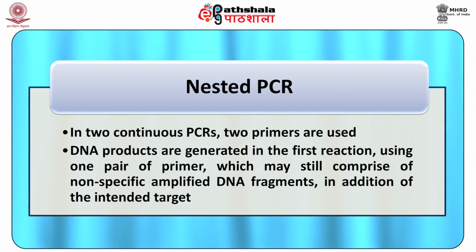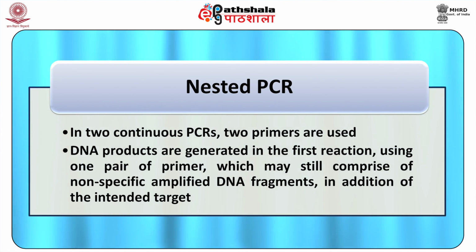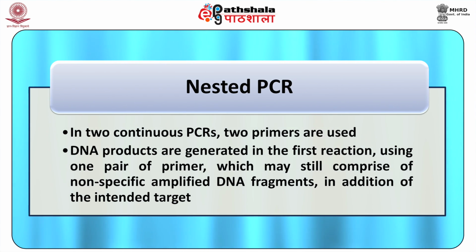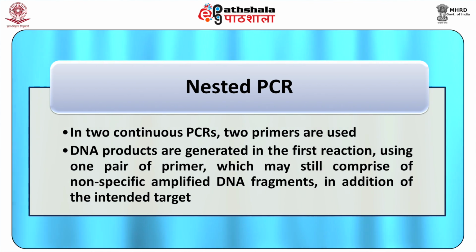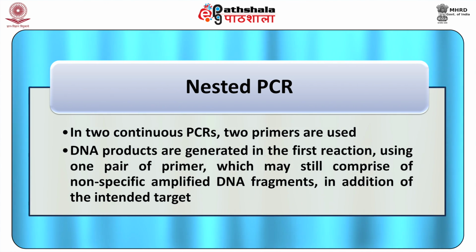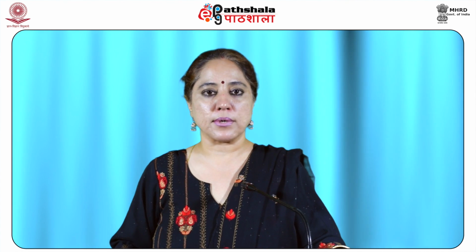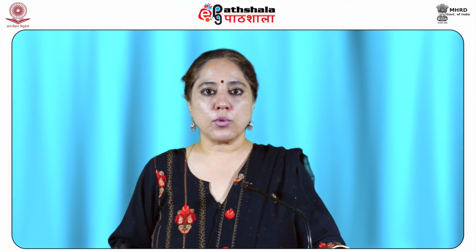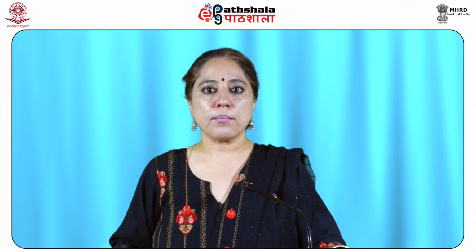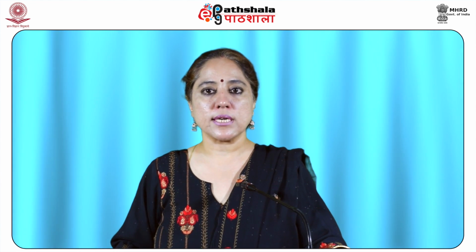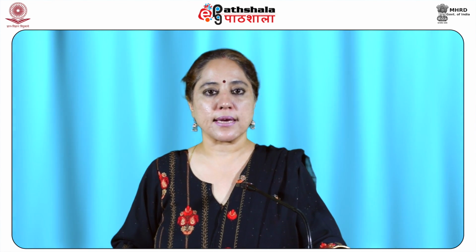DNA products are generated in the first reaction using one pair of primers, which may still comprise non-specific amplified DNA fragments in addition to the intended target. The product obtained in the first reaction is used in the next PCR with a different set of primers. Target DNA molecule sequences in comparatively large amounts are required in nested PCR.